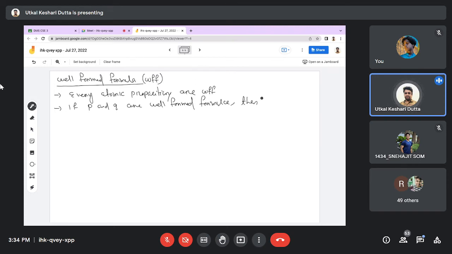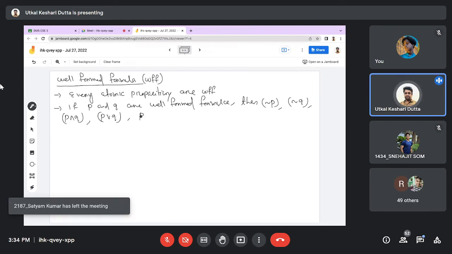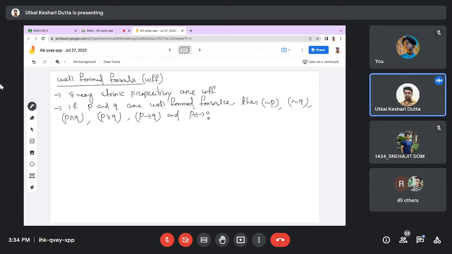We know one connective is negation, so negation P, negation Q. You can use conjunction: P conjunction Q, P disjunction Q, P conditional Q, also P biconditional Q. These are all well-formed formulas.